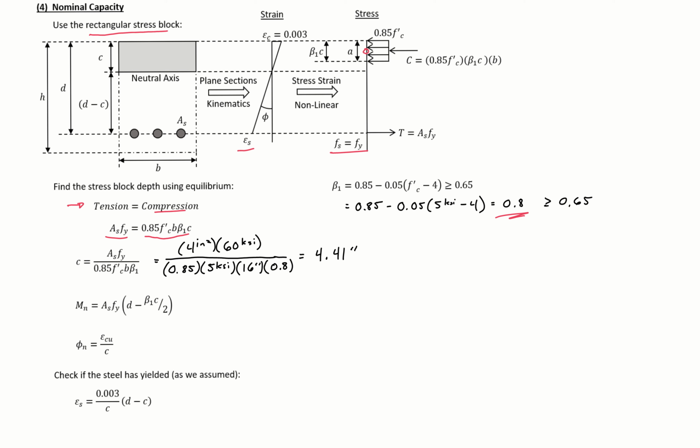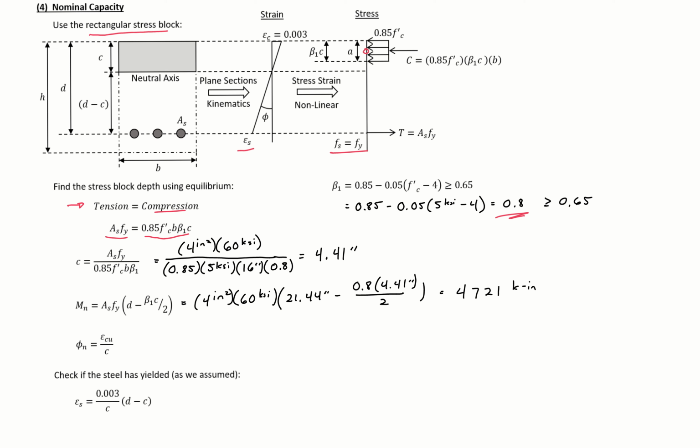We can then sum our moments about the centroid of our compression block, and we'll have our AS Fy, so 4 inches squared times 60 KSI times our lever arm, which will be 21.44 inches minus 0.8 times 4.41 divided by 2, which will give us a moment here equal to 4,721 kip inches.